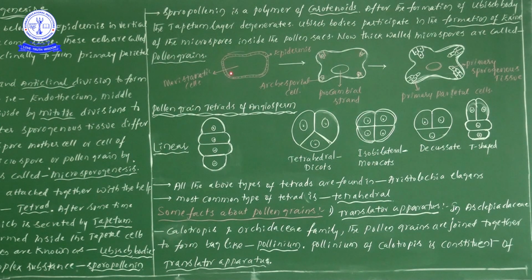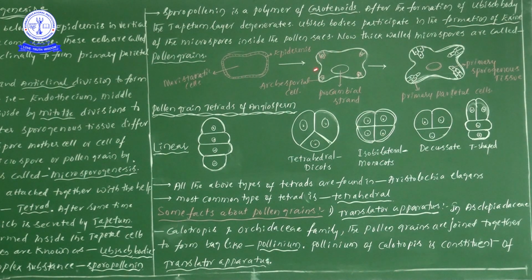I didn't draw the cells here, but they are meristematic cells. Meristematic cells are cells where division is very active, and the cells divide repeatedly. Such cells we call meristematic cells. In this young anther, all the cells are meristematic.